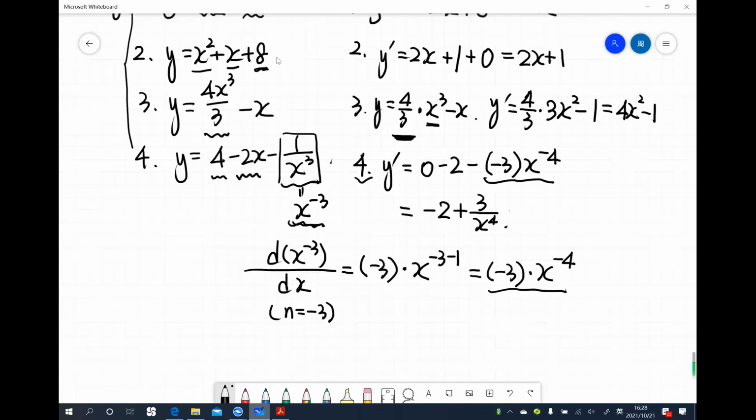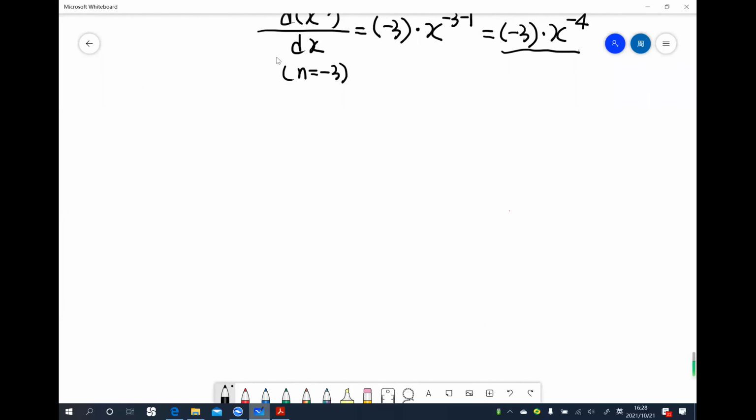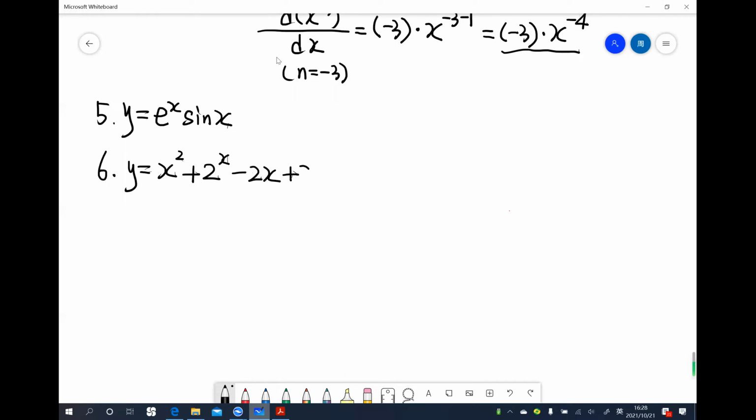Okay. We will practice some questions which are a little bit more difficult. So number 5, the question is y equals e to the x times sine x. And number 6, y equals x squared plus 2 power x minus 2x plus 2.